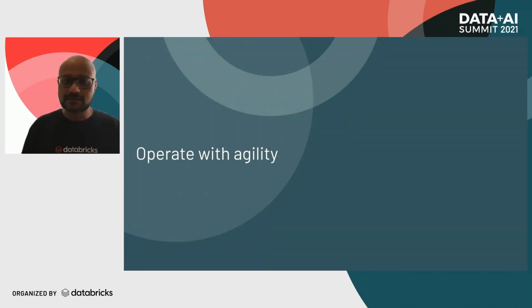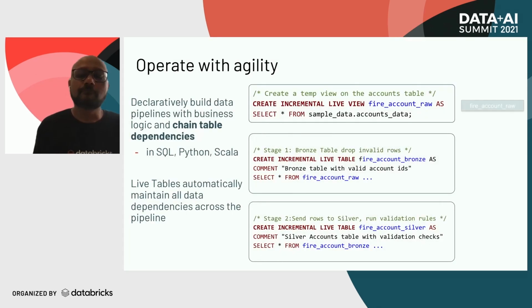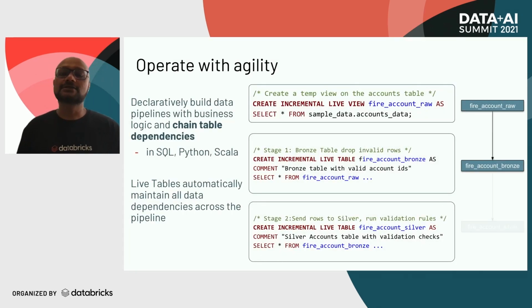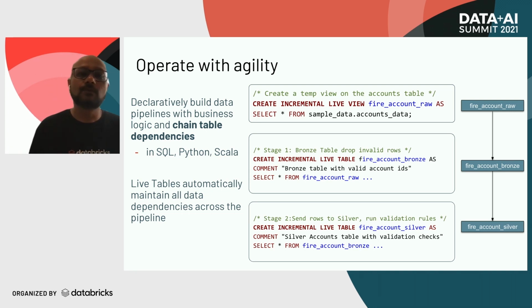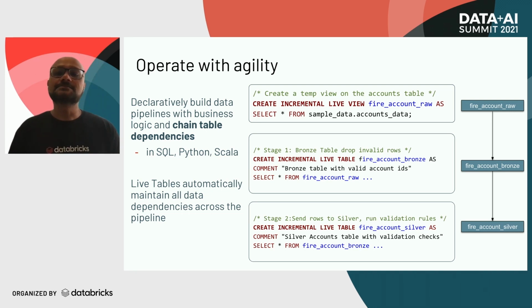All right, so on the first section, we have made it much simpler to specify this data flow through your lake, right? The way we have done it is by providing very simple APIs which allow you to chain your logic. So you have a set of transformation logic that you want to apply to your data as it flows from its source to the target.